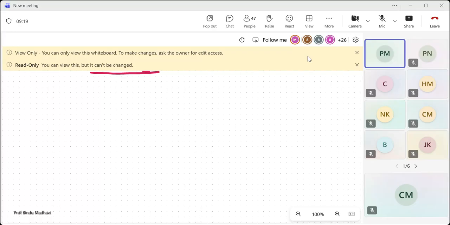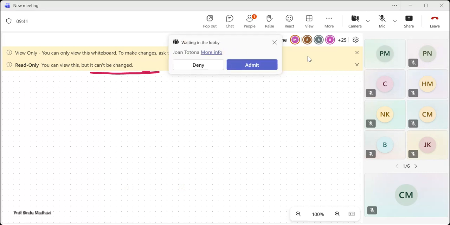Is my whiteboard visible to everyone? Yes. No. Not visible? Yes, it's visible. It isn't.